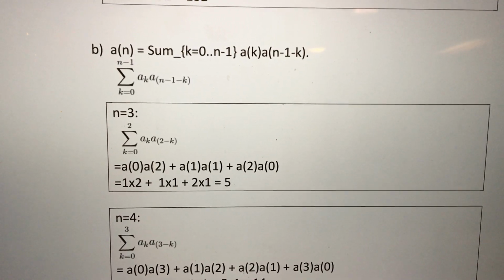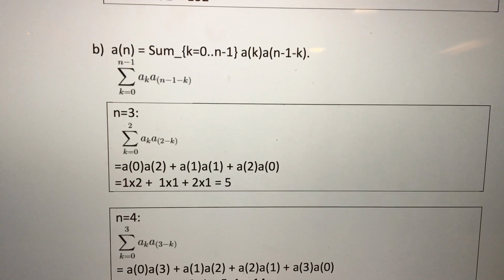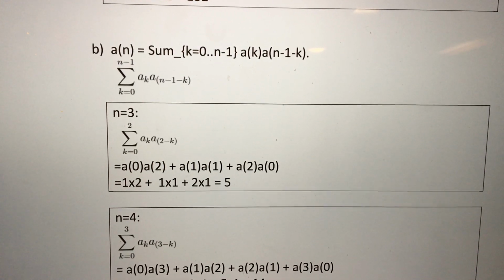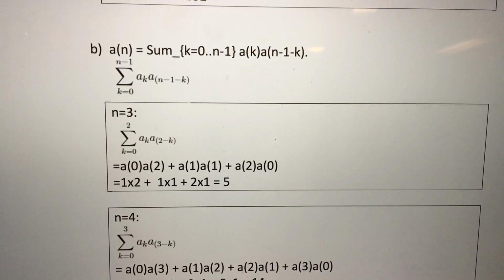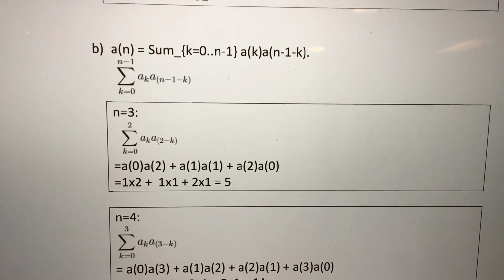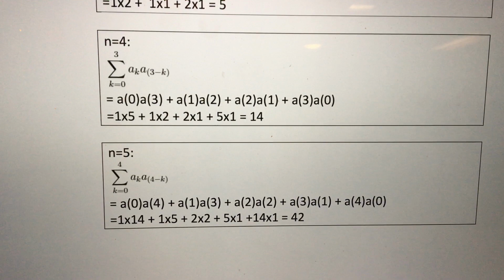For instance, if you know that a sub 3 is equal to 4 in this example, make sure that you look to make sure which one is the 0, 1, 2 term. Some of them start at 0, some start at 1 occasionally, so you have to be a little careful there. But you can use the known values in the recursive formula. And I did that for n equals 3 and n equals 4 and n equals 5.